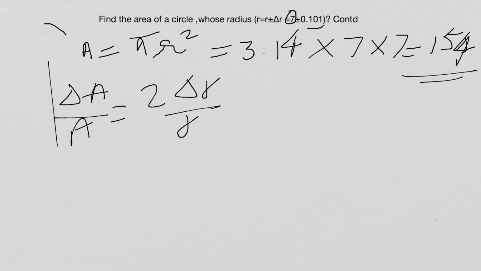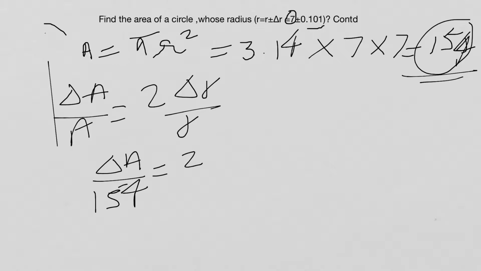So let's substitute the values here. Delta a is what we want to find out. A is the area, 154. So we will write here 154, equals 2 into delta r.